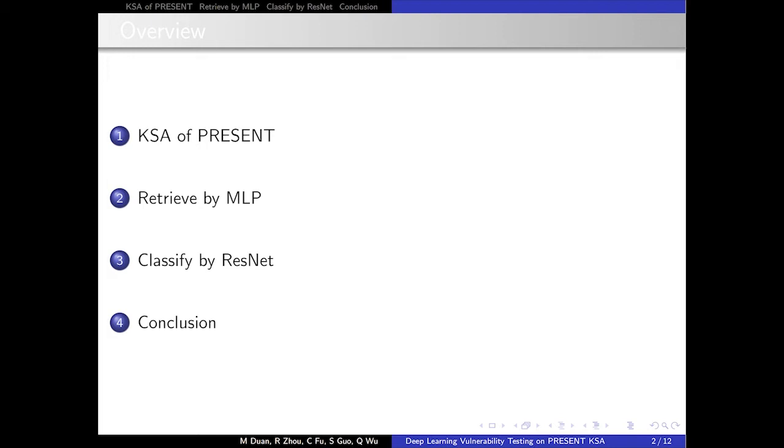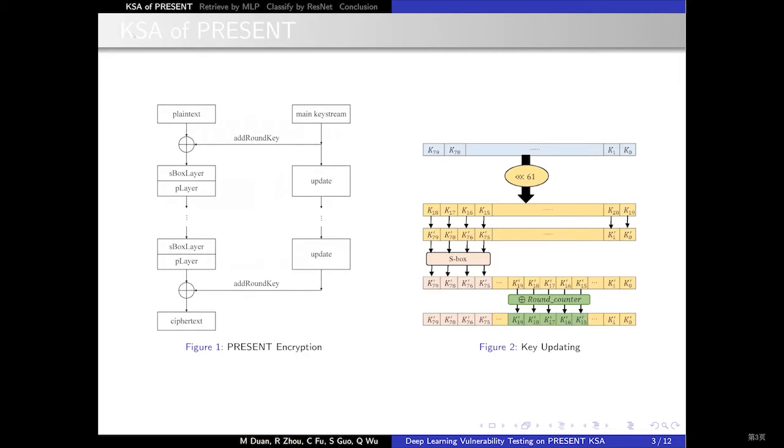Let's move on to the first part. The PRESENT cipher is a lightweight block cipher proposed in 2007. It employs a substitution-permutation structure, and so does its key schedule process. It has two versions, and we only discuss the 80-bit master key version here.